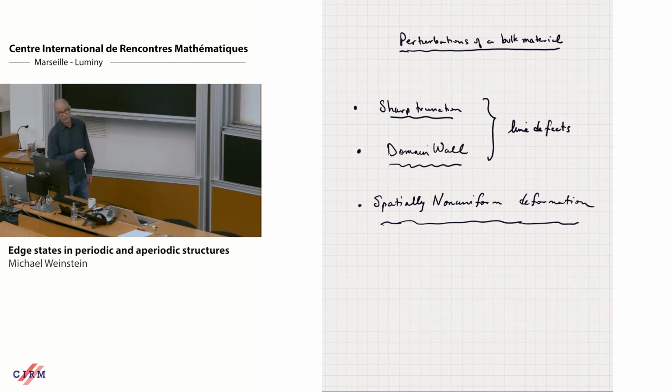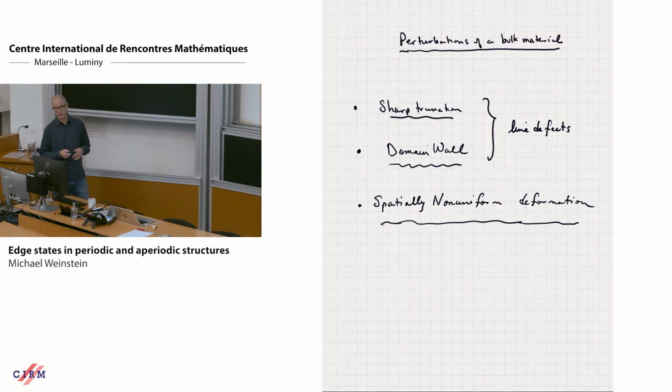We'll be interested in edge states, so those are going to be a kind of state that lives in perturbations of a bulk material. So you take the infinite honeycomb structure or the infinite square lattice structure or the infinite triangular lattice structure, or more generally, you could take the infinite Kagome lattice structure, anything, and you could introduce different kinds of perturbations.